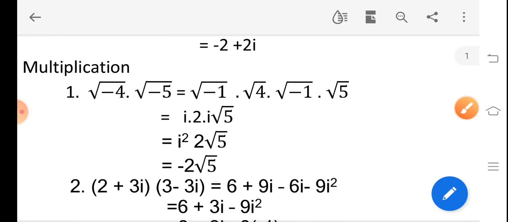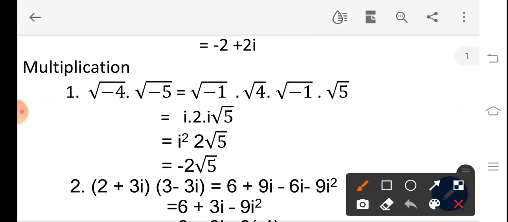Now in multiplication, if we have the square root of negative 4 times the square root of negative 5, we don't just simply multiply negative 4 and negative 5, even though they have the same index. First we have to take out the imaginary number.